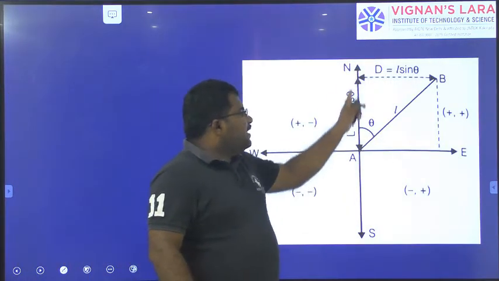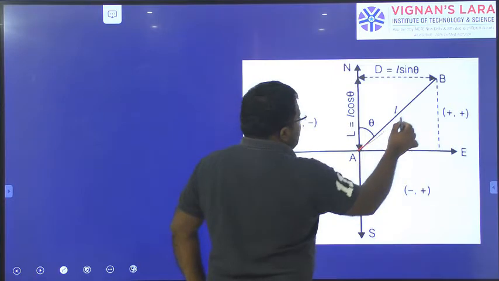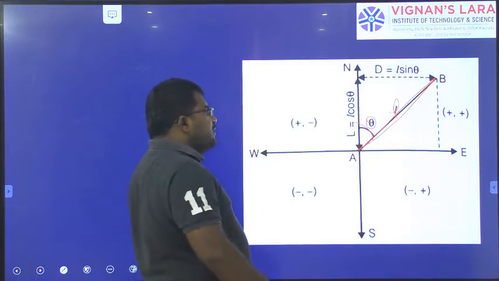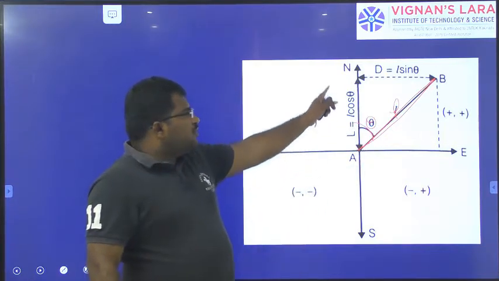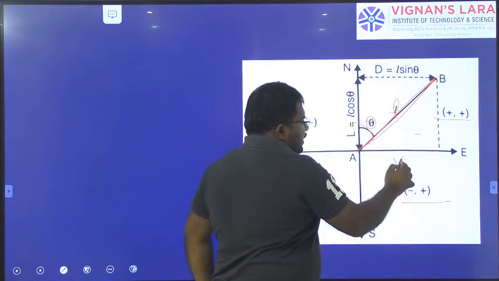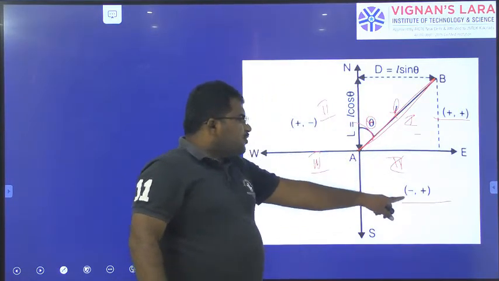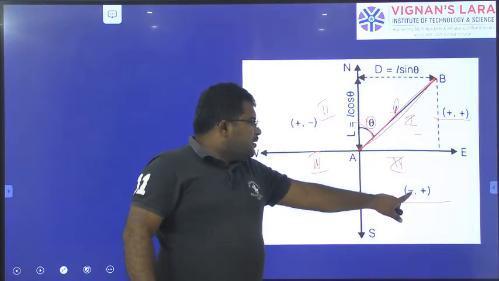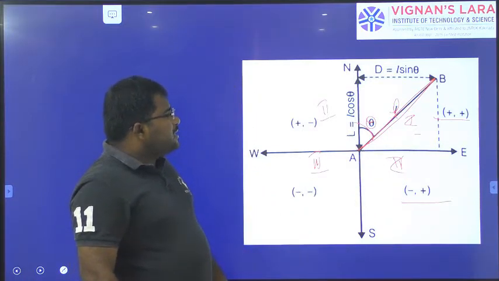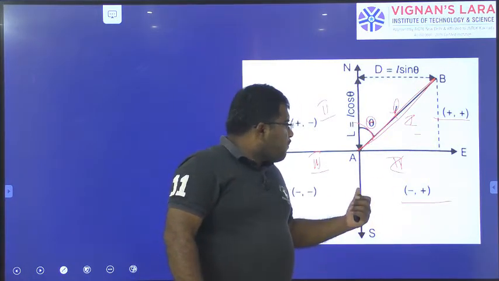Now you can see the four coordinates here. This is the line AB, having a length L and an angle theta. In the first coordinate, both values will be positive. In the fourth coordinate, latitude will be minus and departure will be plus.